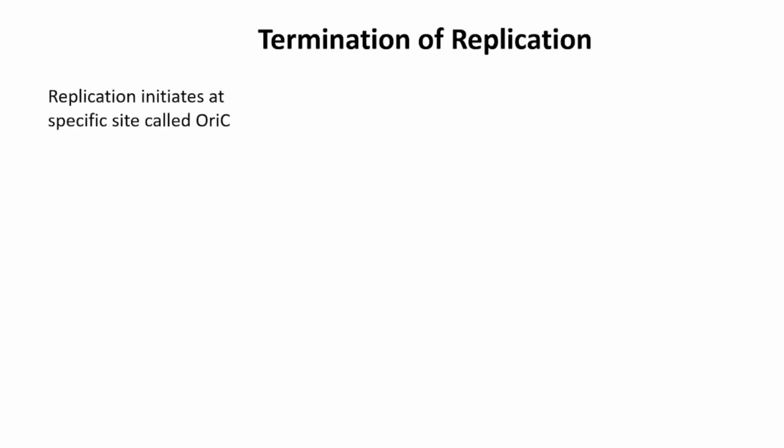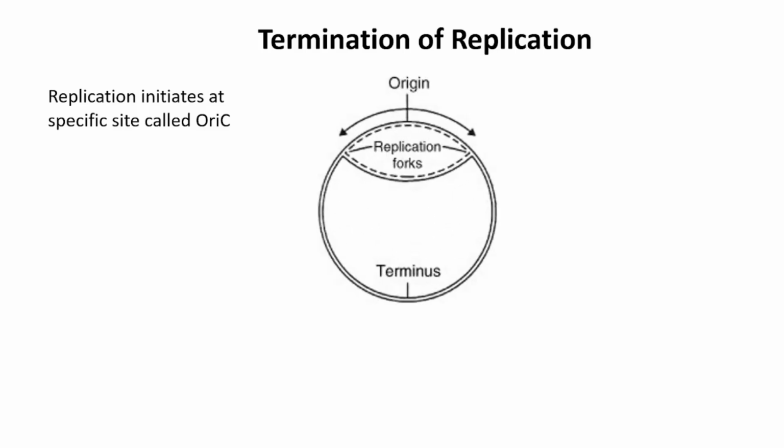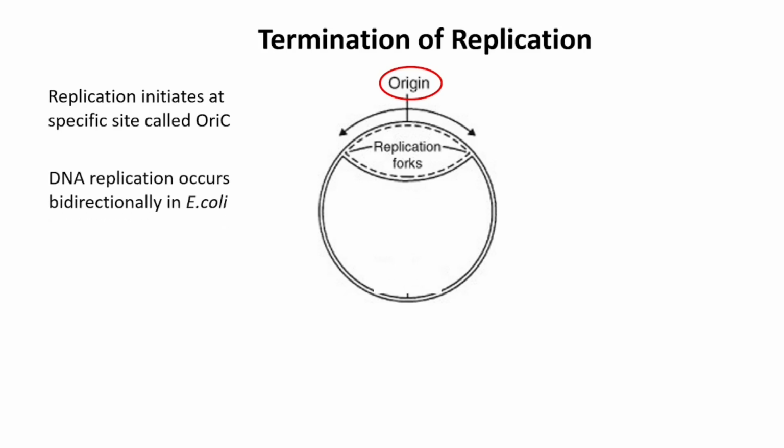Replication initiates at a specific site called oriC. DNA replication occurs bidirectionally in E. coli. The two forks move in opposite directions. We've seen this in the previous video lecture. Where would the termination occur then?